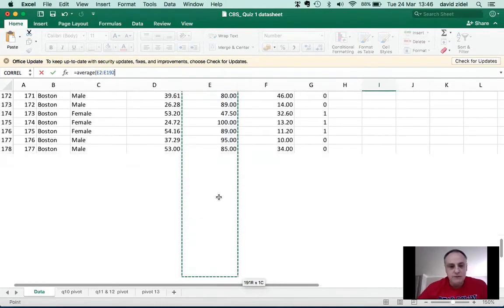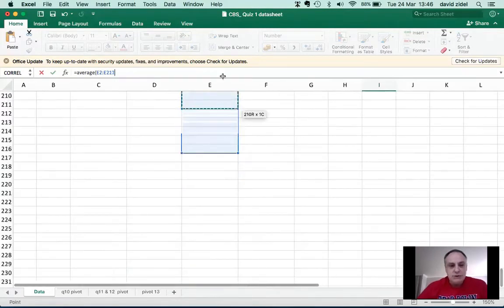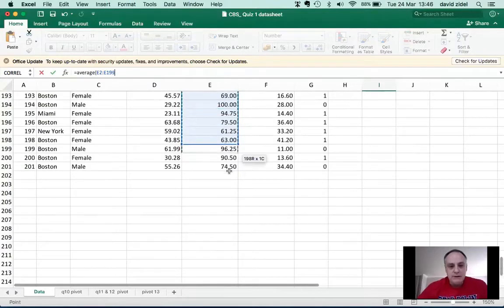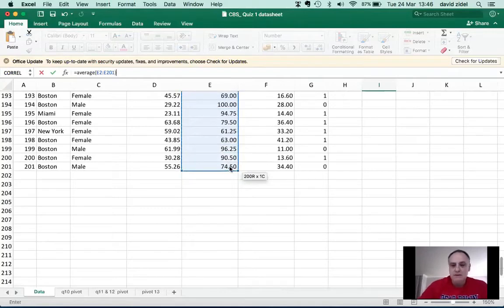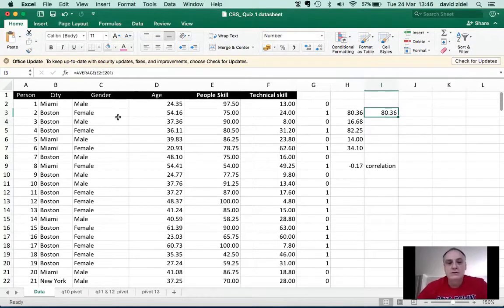It was 201 if I'm not mistaken. So you'd go up, look at that and close the brackets. And when we do that, you'd see that that's the average, 80.36. So you just use the formula average, and you look at the range that we're looking at.